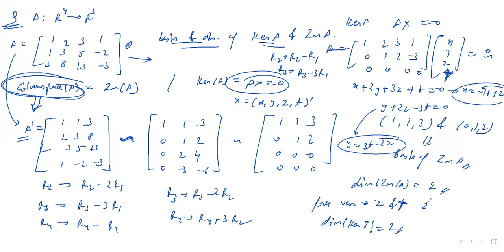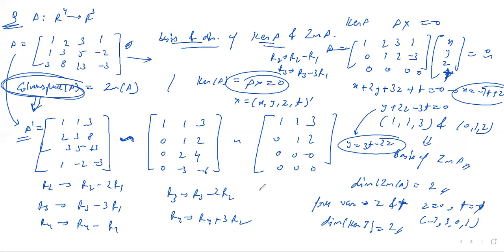If I put z equals 0 and t equals 1, I get my first basis vector, with x equal to minus 7, y equal to 3, z equal to 0, and t equal to 1.